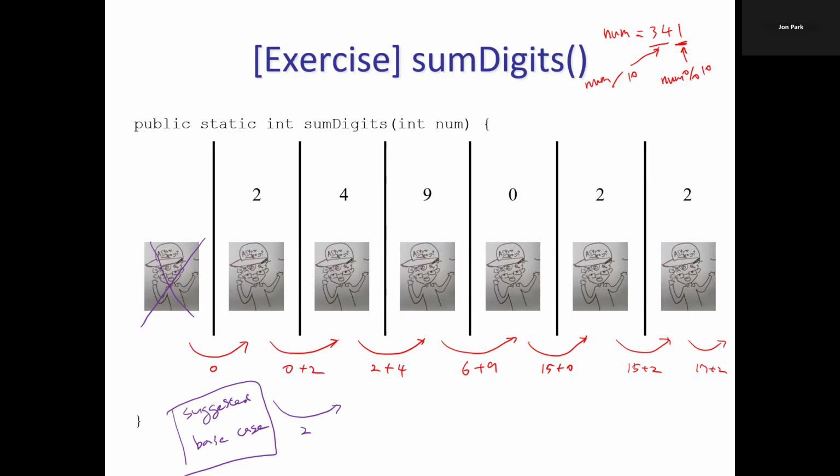You get to the point where your remaining number is 0. So you should be checking whether num is 0, in which case you return 0. And then the recursive case is the result of the recursive call plus the current digit.